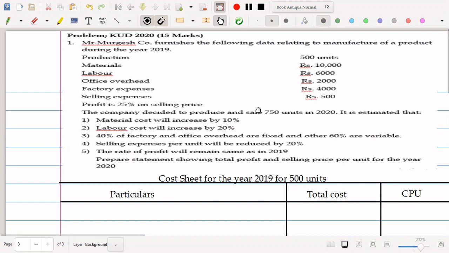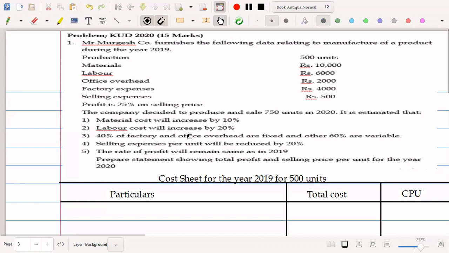Now let's check out the next year for which we have to prepare a quotation or estimated cost sheet. The company decided to produce and sell 750 units in 2020. That is, in 2019 it had produced 500 units, and now it has decided to produce 750 units in 2020. It is estimated that material cost will increase by 10%, labor cost will increase by 20%, 40% of factory and office overheads are fixed and the other 60% are variable.